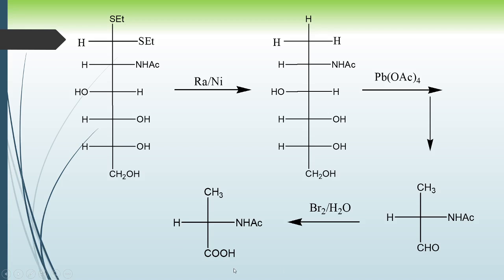This aldehyde is converted into this acid group. So this is our target molecule NHAc. We can write here like this. This is the N-acetyl L-alanine, and after the hydrolysis we got this deprotected form, that is here NH2. This is the L plus alanine.